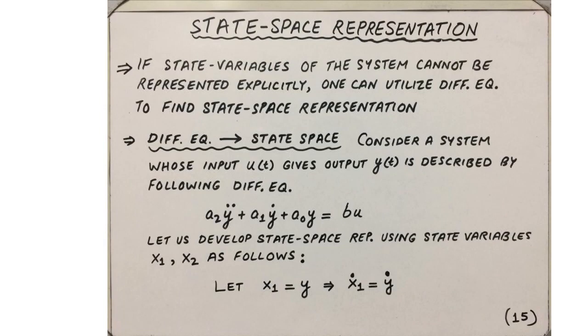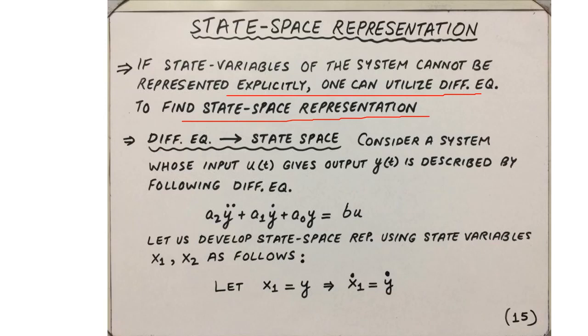Sometimes it is difficult to directly describe the state variables in the form of equations that we saw earlier. And in those cases, what we can do is develop the differential equation of the system first, and then try to convert it into the state space representation.